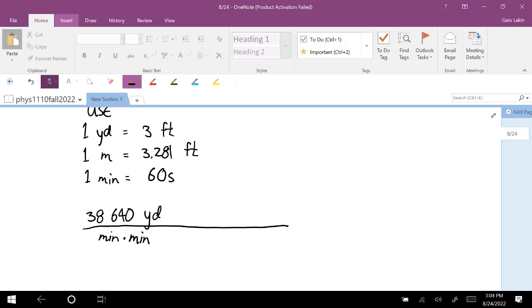So first, let's convert yards to meters, okay? And to do that, I'm going to go yards to feet, and then I'm going to go feet to meters. I'm going to multiply first by 3 feet over 1 yard, because then the yards in the numerator here get canceled by yards in the denominator. Yards is an unwanted unit.